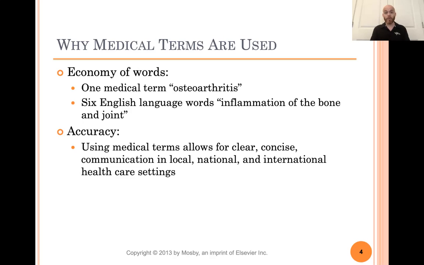That is the actual diagnosis that would be used worldwide. But the other 5 terms in the English language that mean inflammation of the bone and joint are not used in medical language because they would just confuse other people. And using the same term just improves accuracy of the healthcare record, of the healthcare system, and of procedures that healthcare providers can provide.